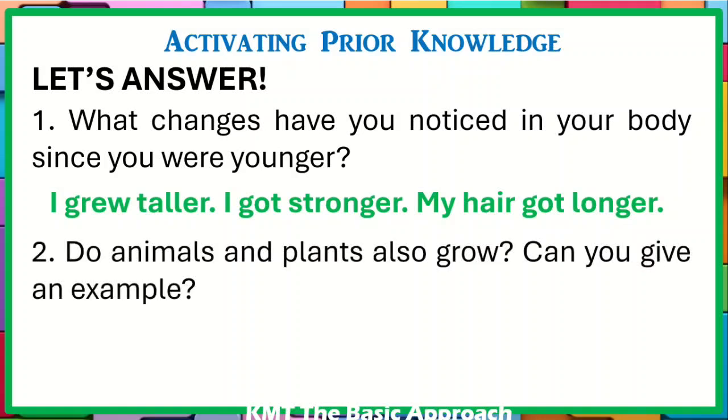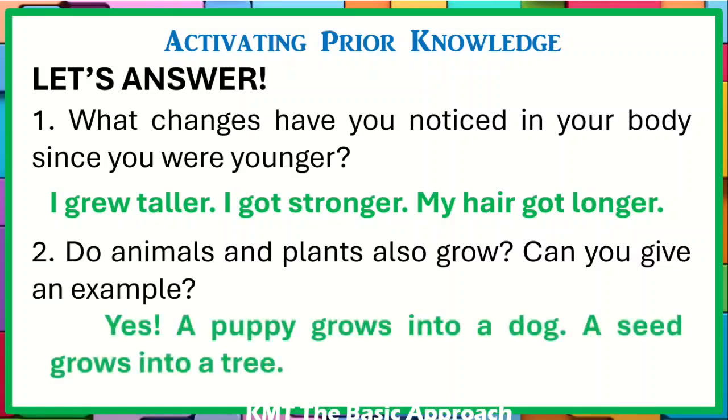Number 2. Do animals and plants also grow? Can you give an example? Amazing! Yes, a puppy grows into a dog. A seed grows into a tree.